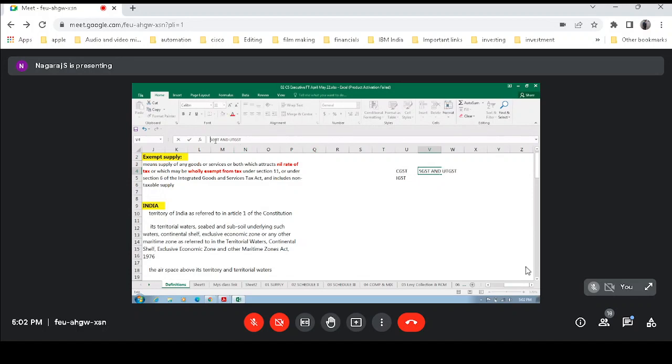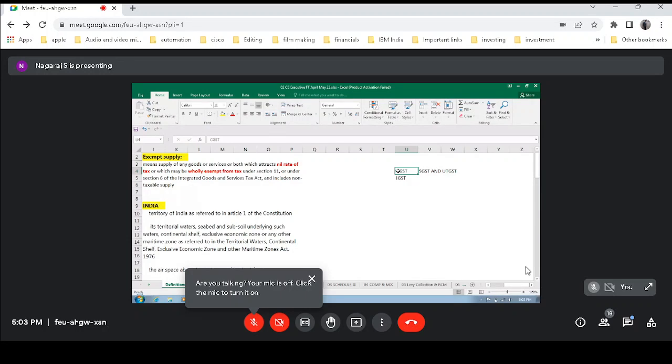The same wordings, same lines will be included in SGST and UTGST. Wherever there is center, it will be replaced by state and union territory. Except for those things, everything is copy paste.